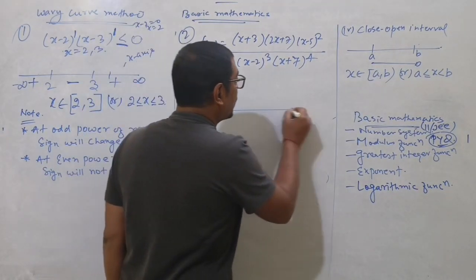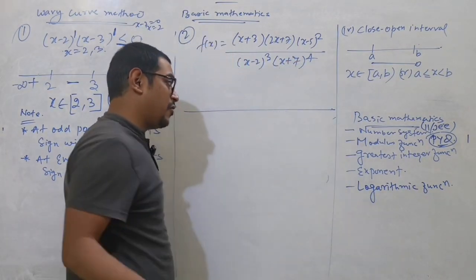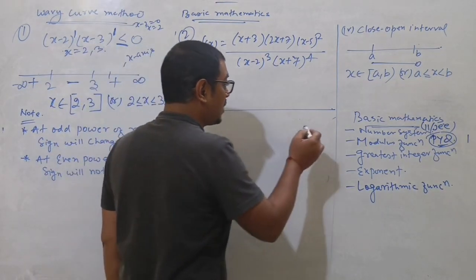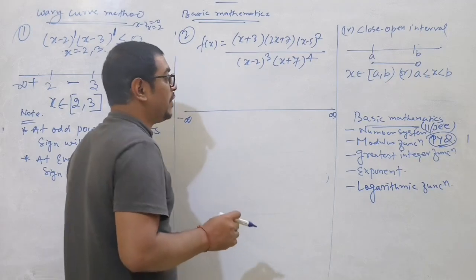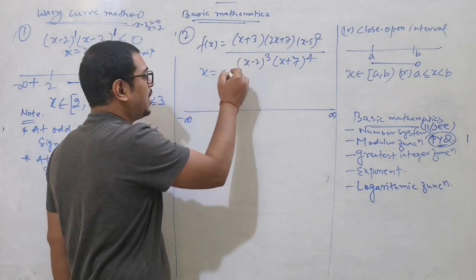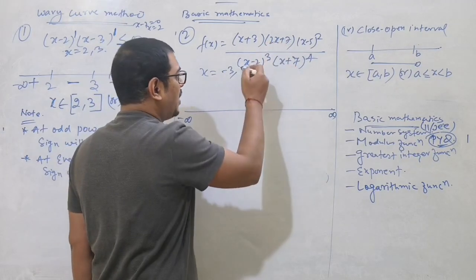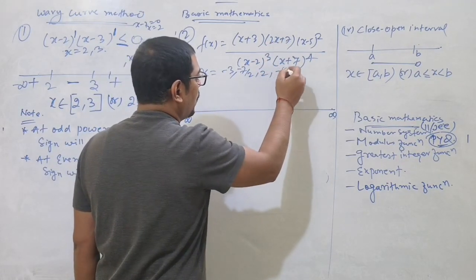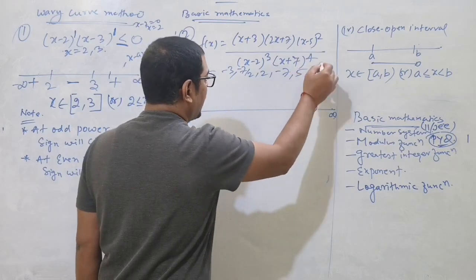So what are the roots? Or next class we will do. Draw the number line from minus infinity to infinity. What are the roots here? Minus 3, minus 7 by 2, 2, minus 7, and here 5.